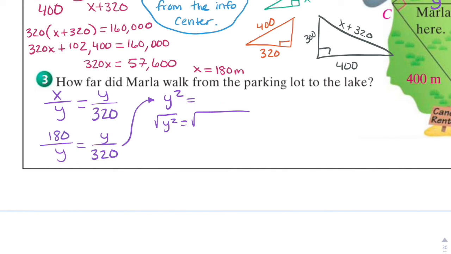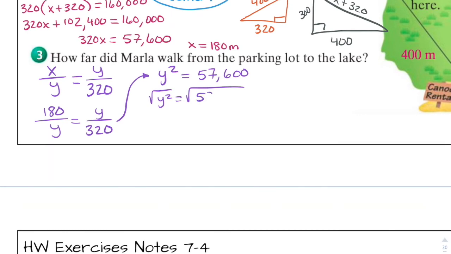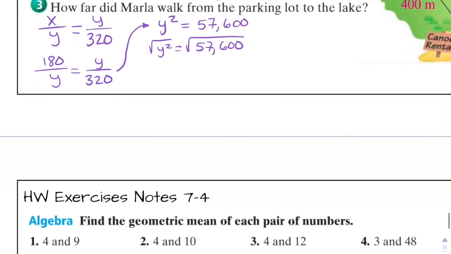So 180 times 320 is 57,600. So the square root of 57,600 is 240, exactly. 240 meters.